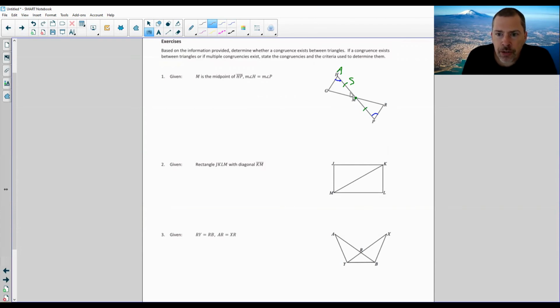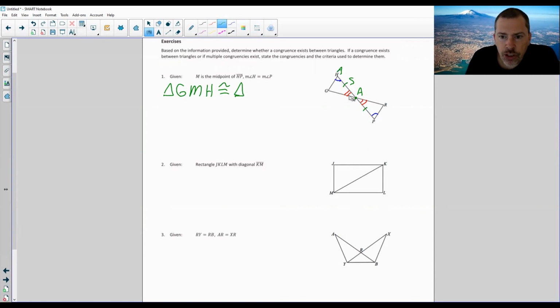But don't forget that we know that angle GMH is congruent to angle PMR because they are vertical. So now we have another angle, and the side is in between. So we would say triangle GMH. It does not matter what you name the first triangle. It matters that the corresponding parts go in the right order when you name the second one.